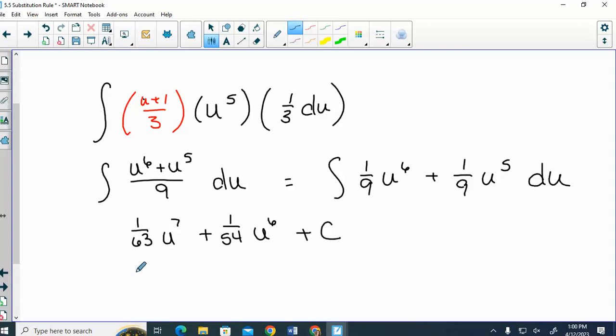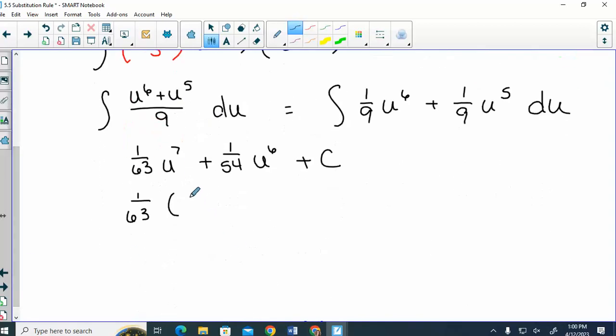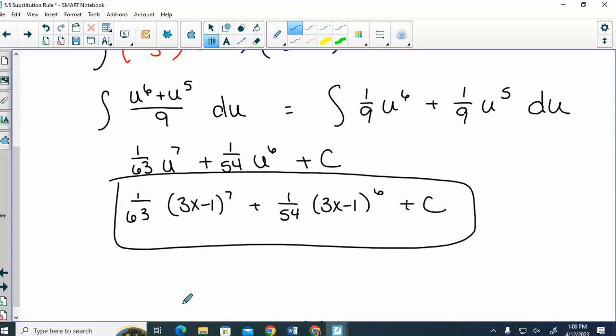And then final step, we don't want u's, so we replace that. U was 3x minus 1. So substitution is just a way of rewriting the problem so we can think about the antiderivative.